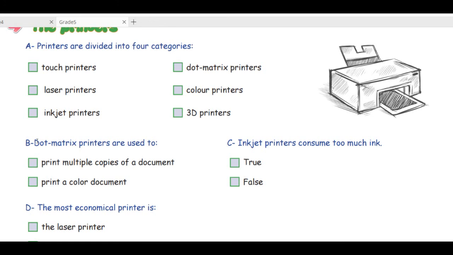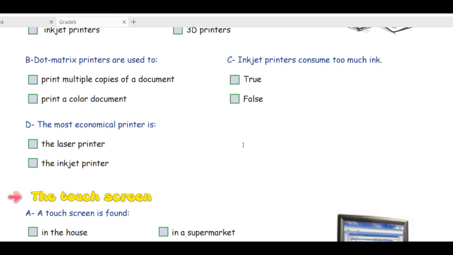What is a dot matrix printer, why it is used, does the inkjet consume too much ink, and the most economical printer is for sure the laser printer.